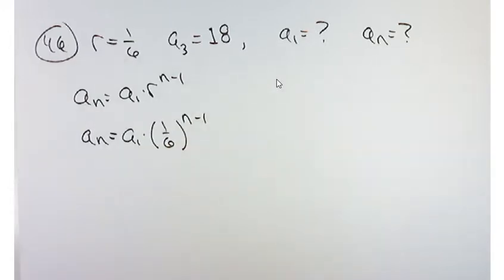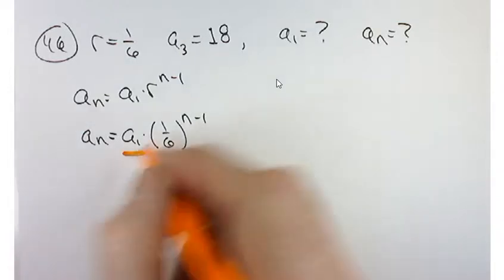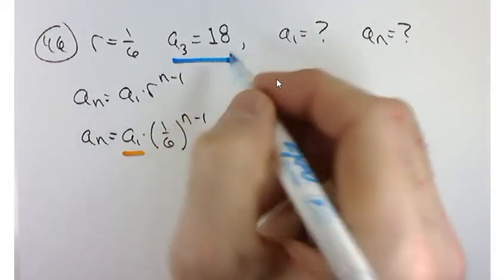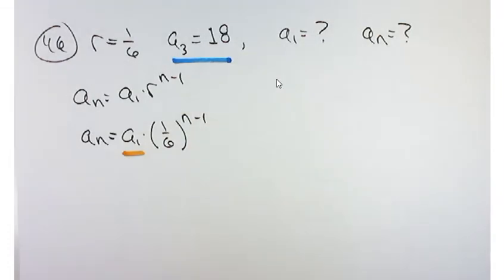So that really leaves me with one unknown here, which is a sub 1. Well, if I have one unknown, how many equations do I need? Just one. And I can try and get that one unknown if I use what I know up here. Try and plug in a sub 3 and see if you can get an equation that'll help us solve for a sub 1.